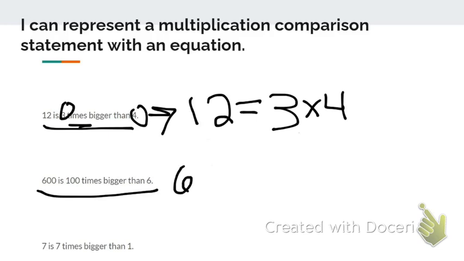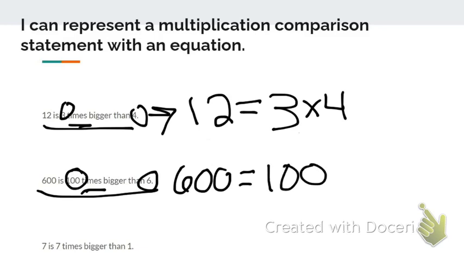So I'm going to go ahead and write 600, and you should do the same if you haven't already. Okay, then I have 100 and I have a 6, and I have the word times in the middle. Go ahead, pause the video if you haven't already, and see if you can figure out what to do next. Hopefully, you wrote 100 times 6 or 6 times 100. Both are correct.